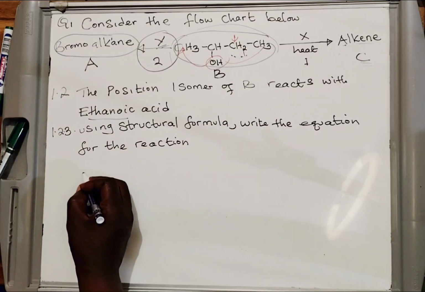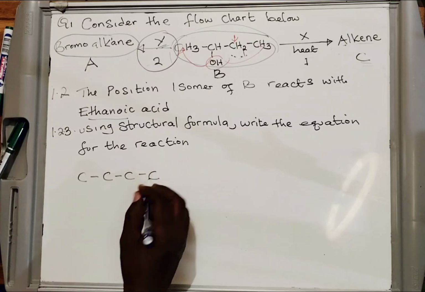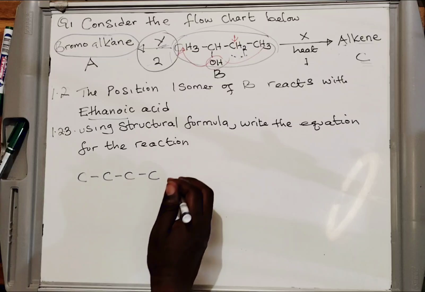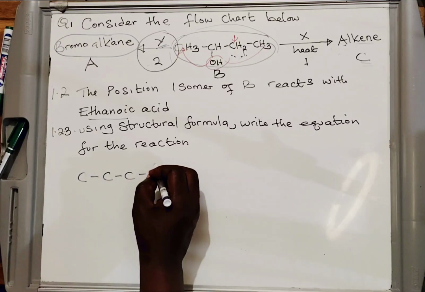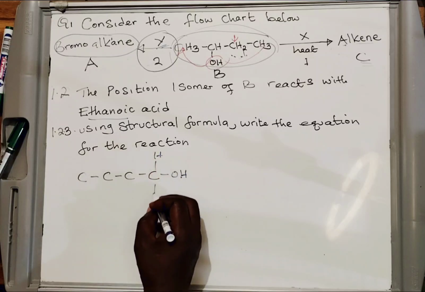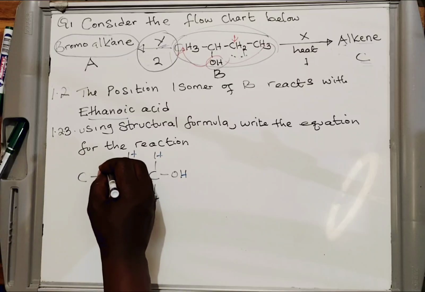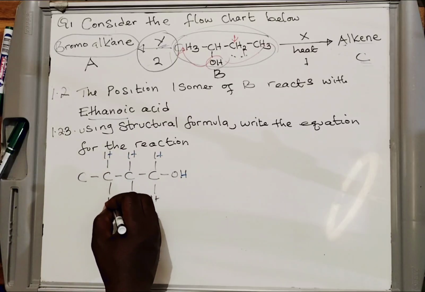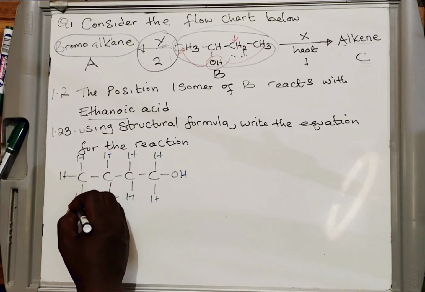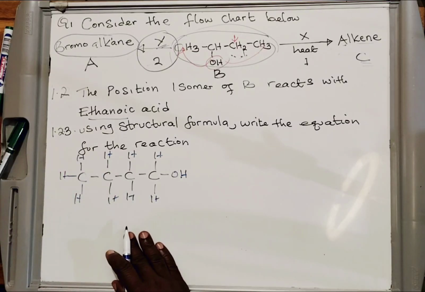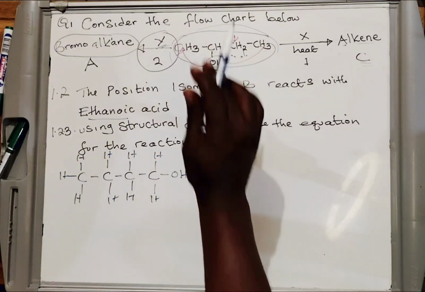So you are going to have C and a C and a C and a C, and our OH came here. What do we have here? Hydrogen atoms. So there it is. This is the position isomer of that alcohol.